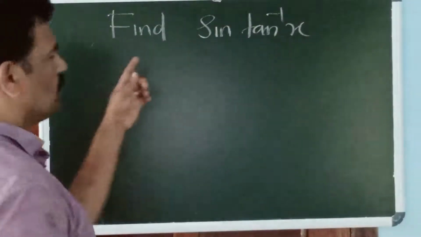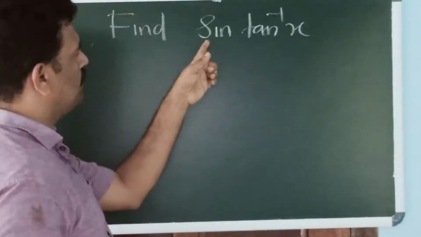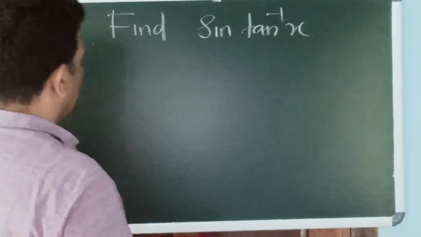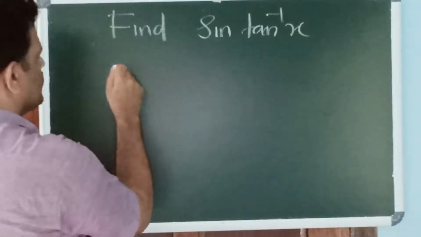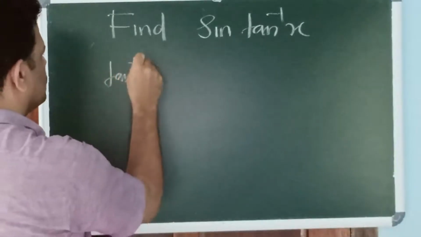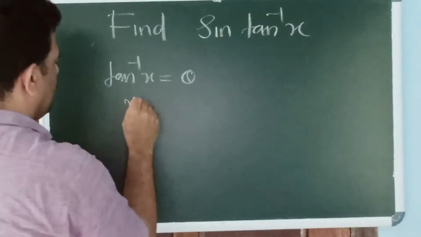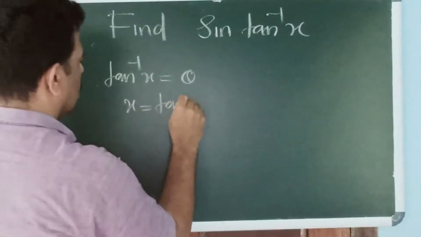Now here is another question. You have to find the value of sin tan inverse x. Here I am putting tan inverse x equal to theta. Therefore x equal to tan theta.